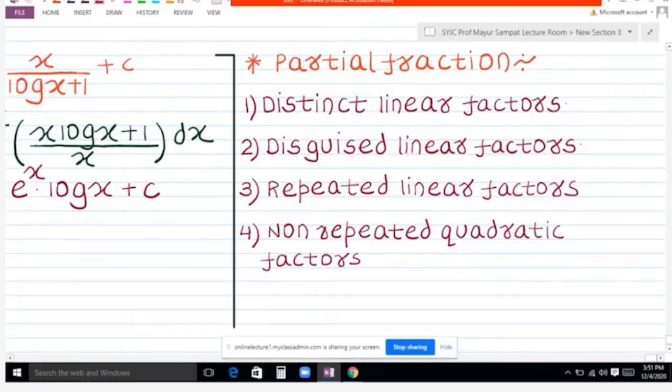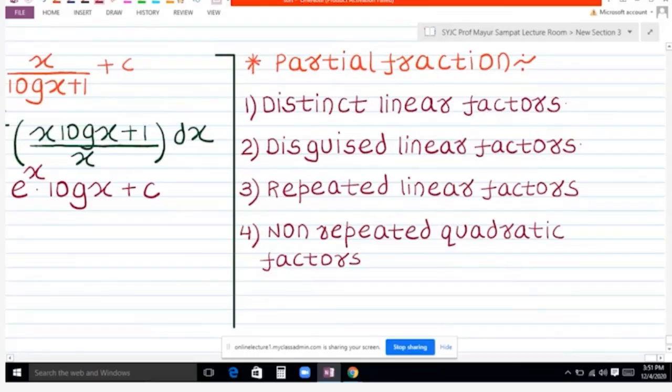Now here, the important thing is, while solving the sums, how to identify that the given sum is based upon the method of partial fraction.